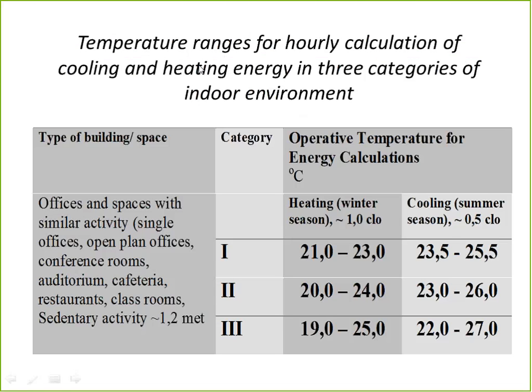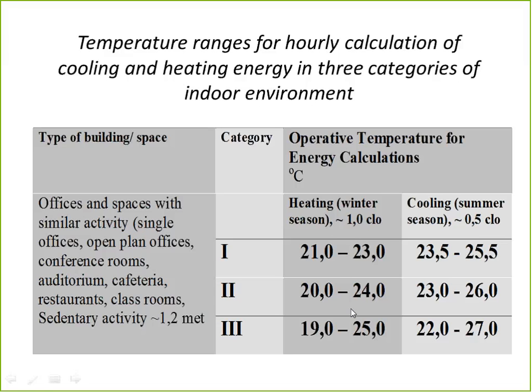Here we have now a special case, or the most typical case, that's office and spaces with mainly sedentary activity. So it could be conference rooms, auditoriums, classrooms, restaurants. And then we are specifying the criteria for the heating season, winter, and for the cooling season.